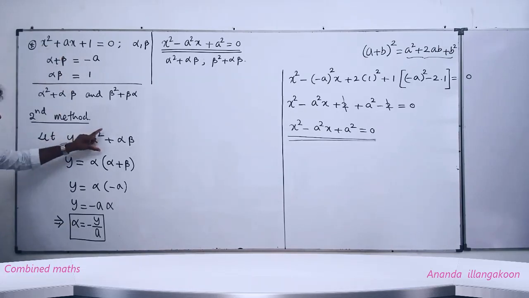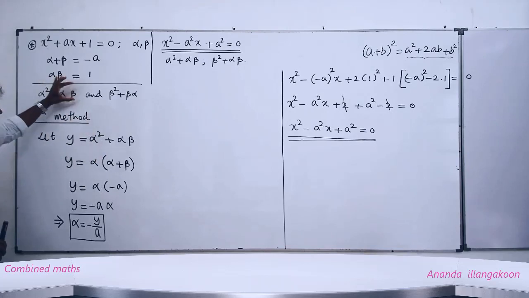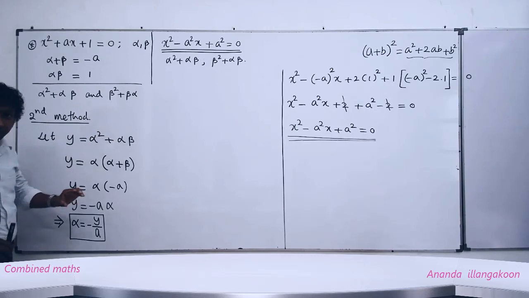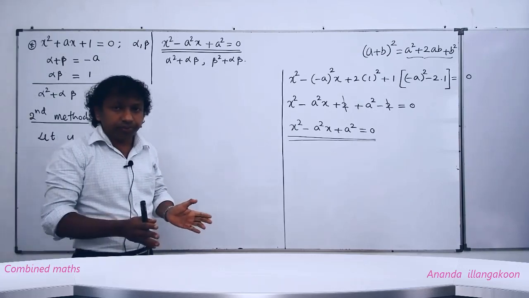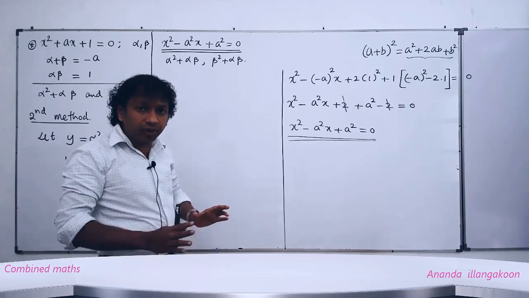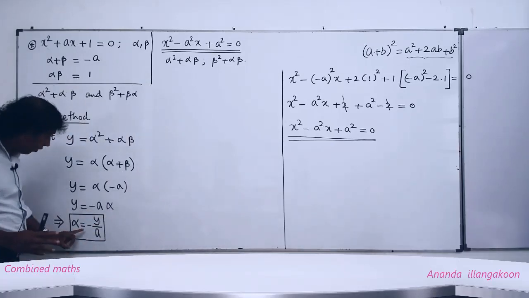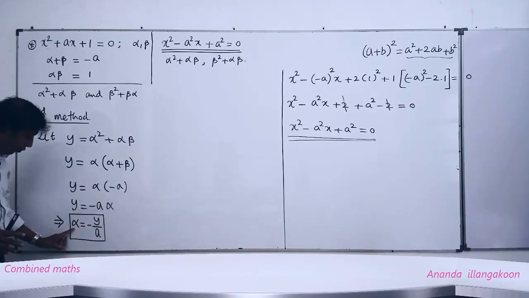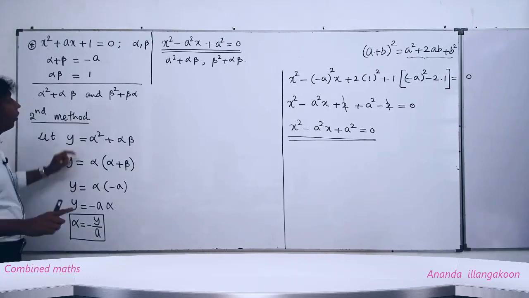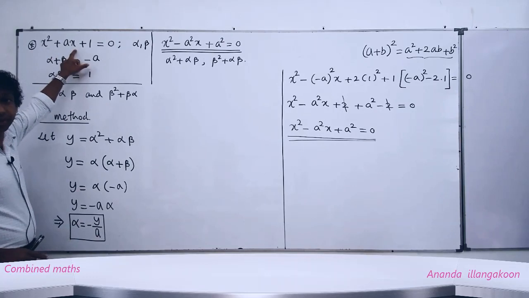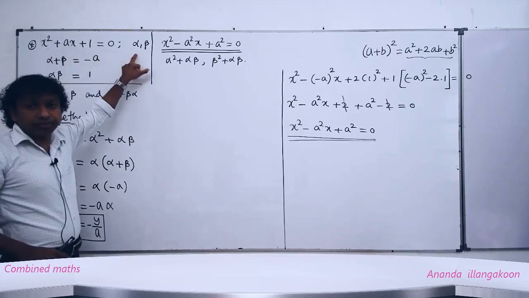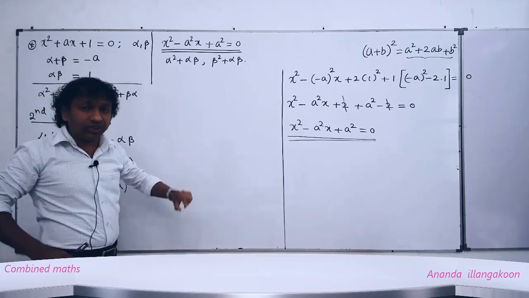Taking this as y, simplifying. In some other question, when the roots are different from these expressions, the right hand side simplification will be different. Anyhow, using the letter y, we have to express a root of the very first equation we had been given. That is the first step of this method.